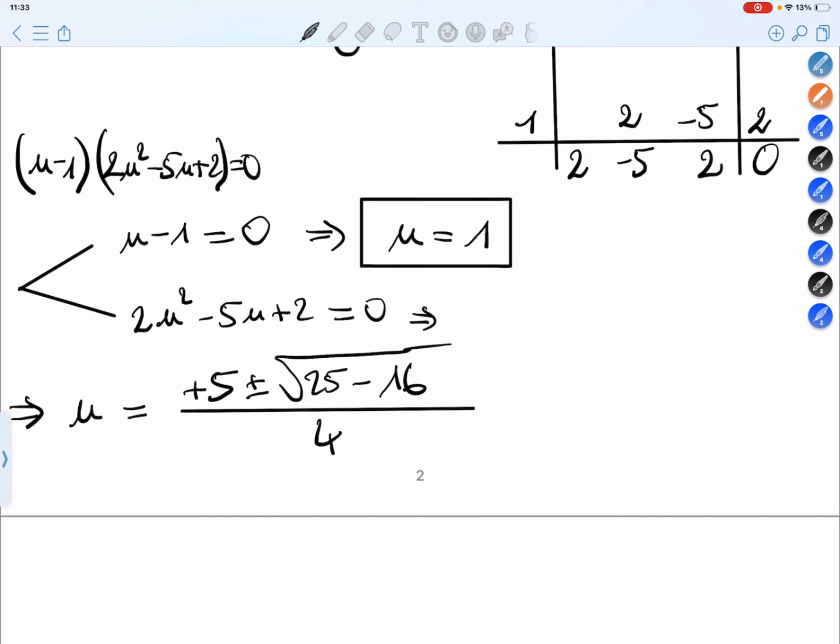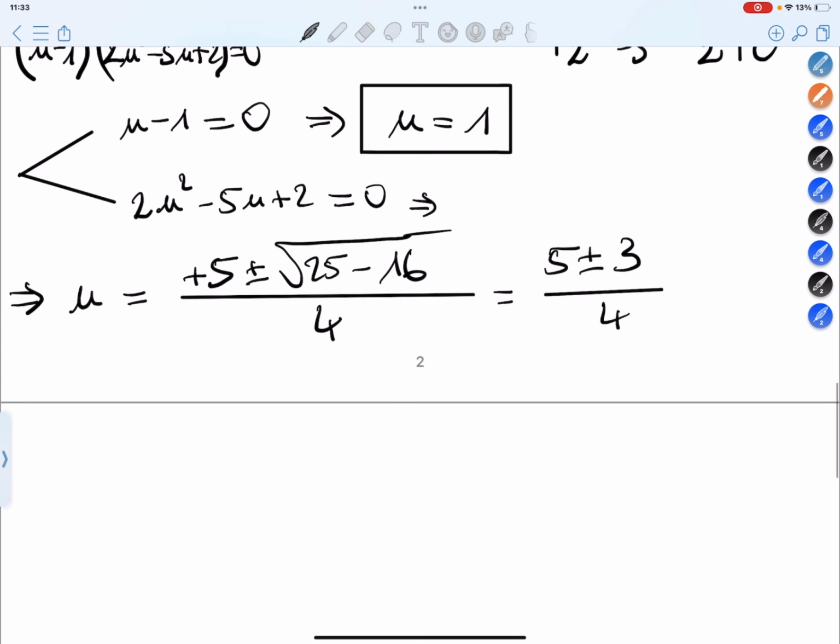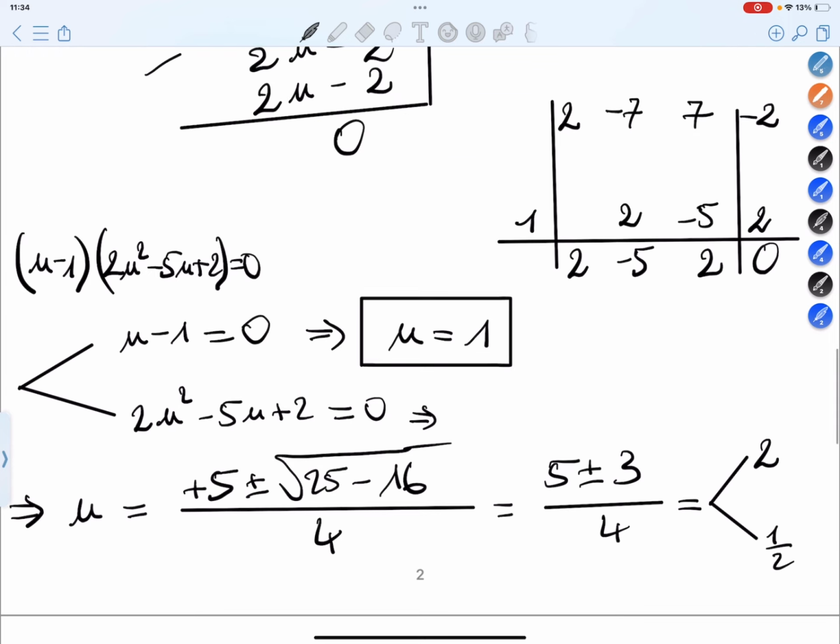Right, so this is 5 plus or minus square root of 25 minus 16, which would give us 9. Square root of 9 is 3, over 4. Right, now this would give us two numbers. So 5 plus 3, 8 divided by 4, 2. 5 minus 3, 2 divided by 4, a half. So these are the other two solutions.